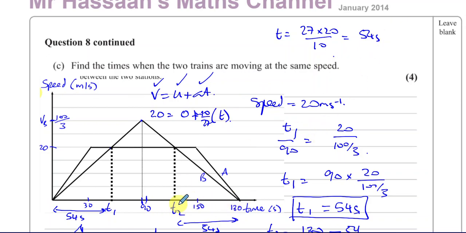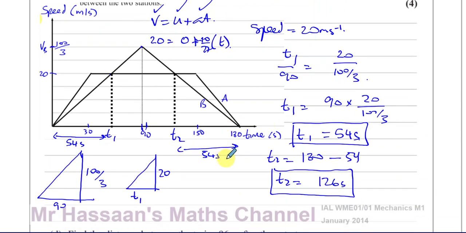You could also use equations of motion for the second time, because you know the initial speed here is 100 over 3, the final speed is 20, and we want to find the time, and the acceleration is negative because it's symmetrical. So we could also use v equals u plus at, or the symmetry as I did before, but in either case we get the same answer. Doing it this way would probably have been quicker, but you can use a variety of methods, that's fine.